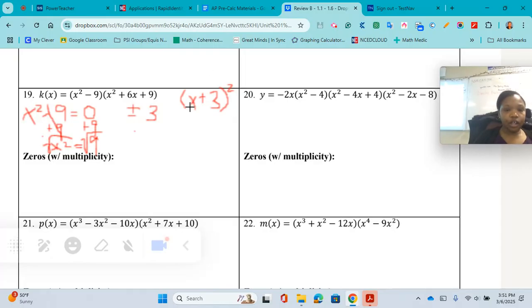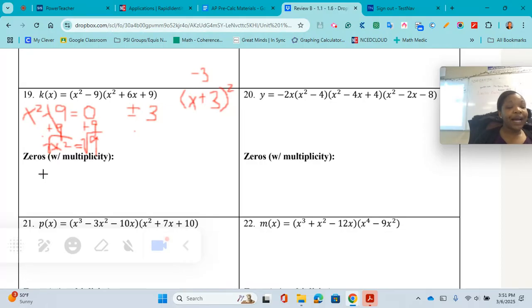All right. So we got to name all of our zeros. We have a 0 at positive 3, negative 3 on this one. We have a 0 at negative 3 on this one. All right, so let's do the multiplicities. We only talk about positive 3 and negative 3.